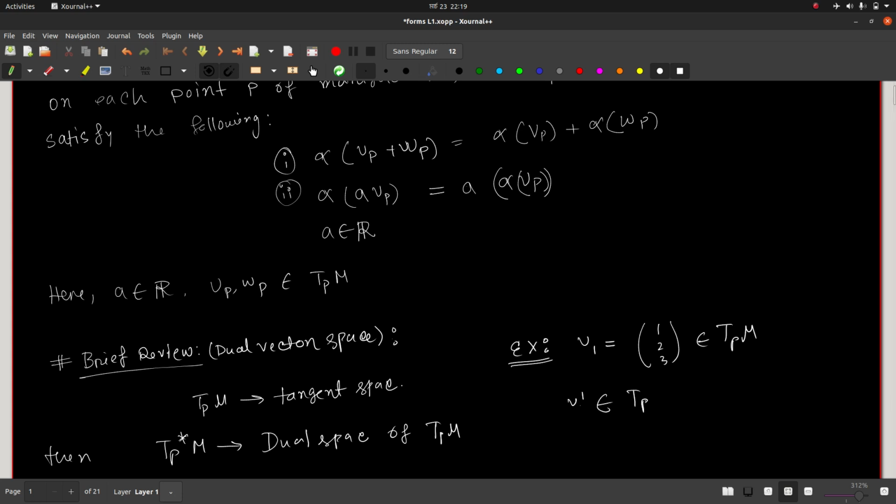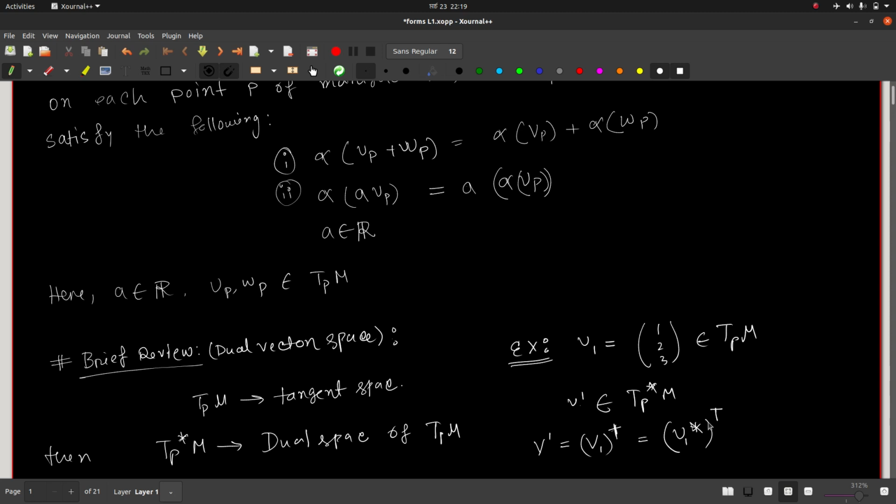That belongs to TP star of M. Since we are only dealing with real numbers, we won't have to go into the complications of complex conjugates, but in general v superscript 1 will be written as the transpose and then complex conjugation of v1 itself, and this is denoted with a dagger. So this dagger sign means that all the elements of v1 will first get complex conjugated and then you have to take a transpose of it.